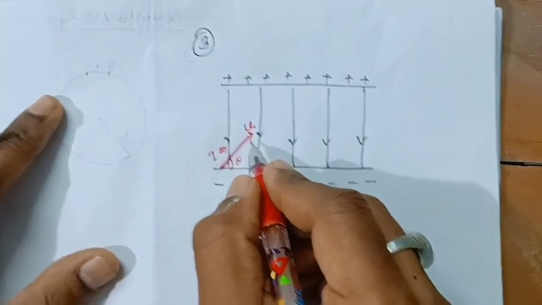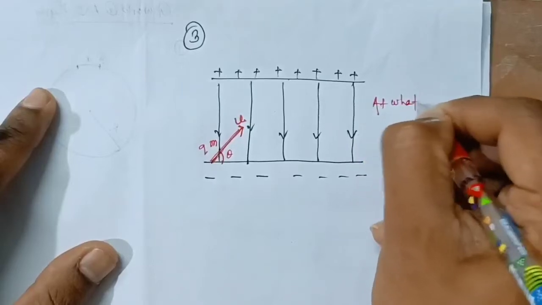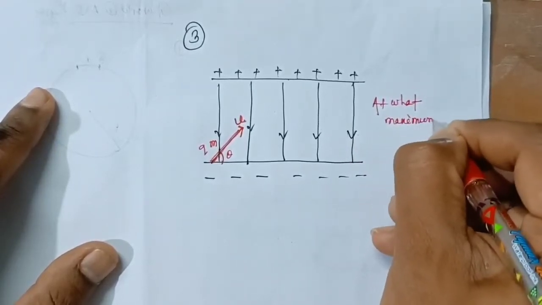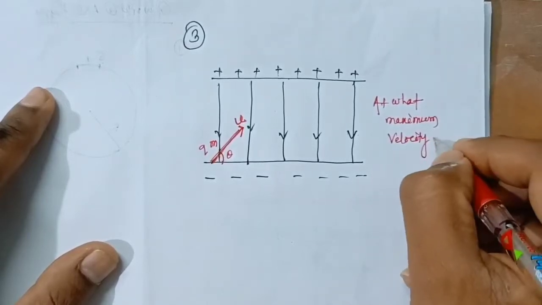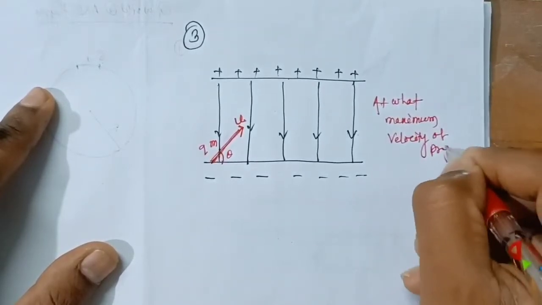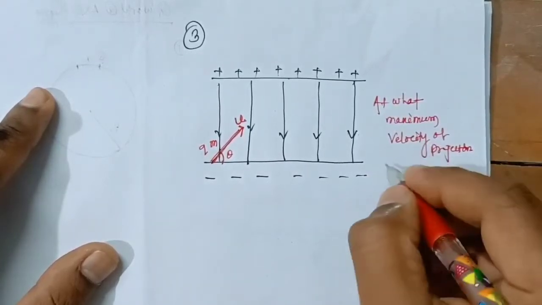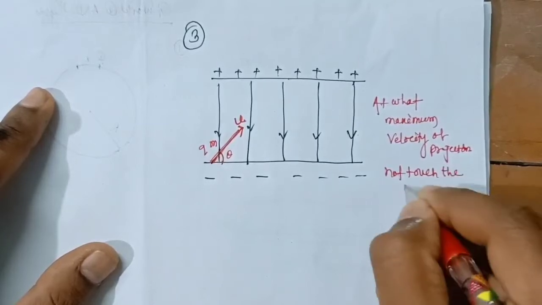It means the maximum velocity of projection at which I can project so that it will not touch the upper surface.